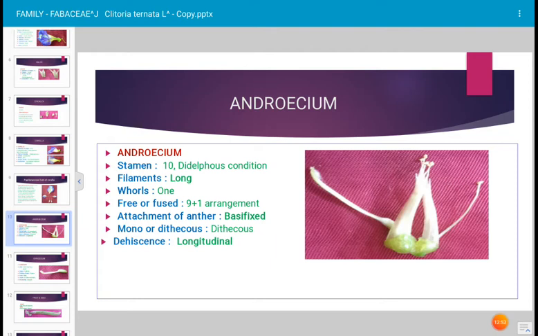If you see the attachment of the anther, the anther lobe is attached to the basal region of the anther, therefore the attachment of anther is described as basifixed, and anthers are dithecous, and at the time of dehiscence a longitudinal slit occurs after maturity of pollen grains in the anther. So longitudinal dehiscence is present in the Clitoria ternata, family Fabaceae.